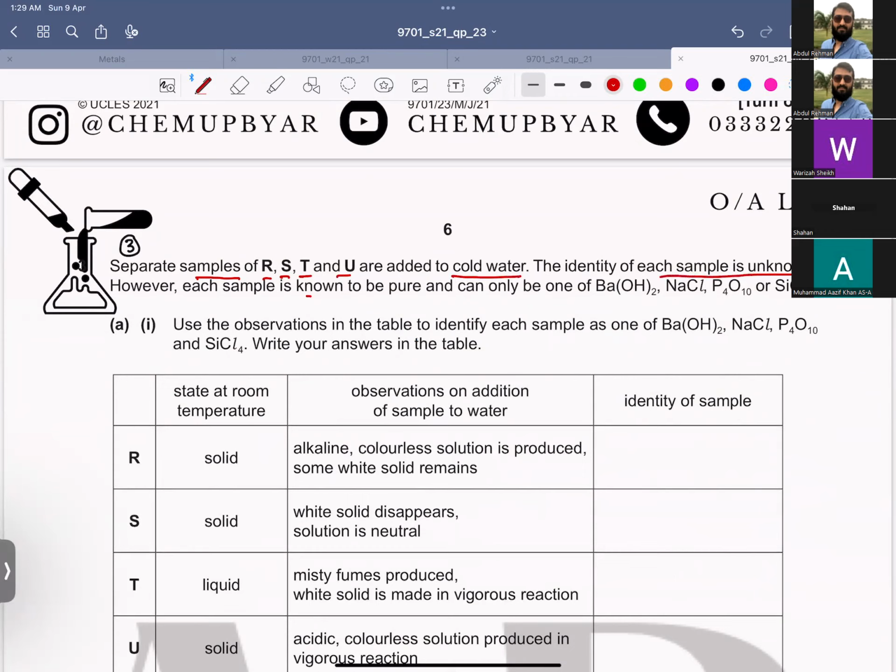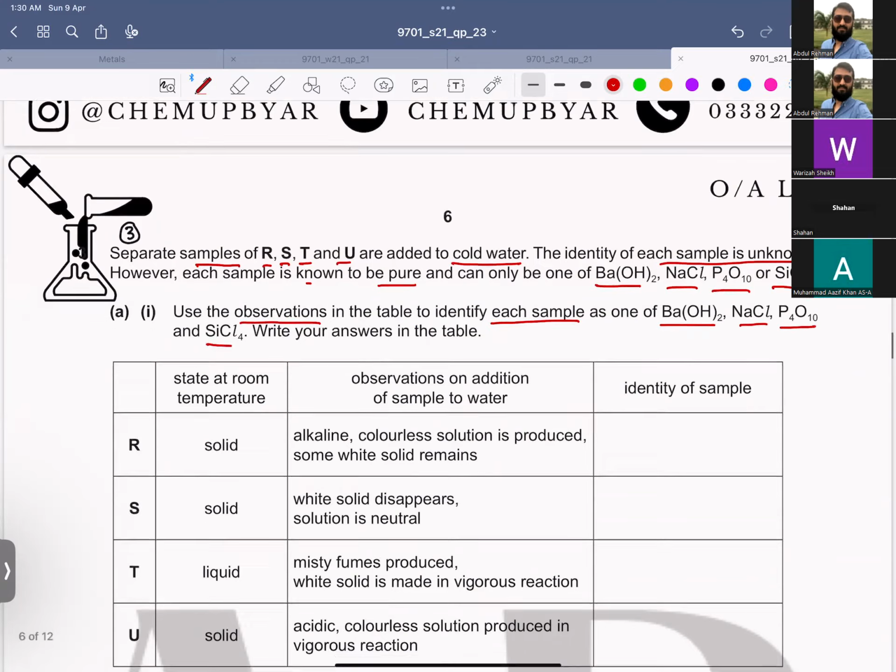However, each sample is known to be pure and can only be one of barium hydroxide, sodium chloride, phosphorus(V) oxide, and silicon(IV) chloride. Use the observations in the table to identify each sample. Write your answer in the table.